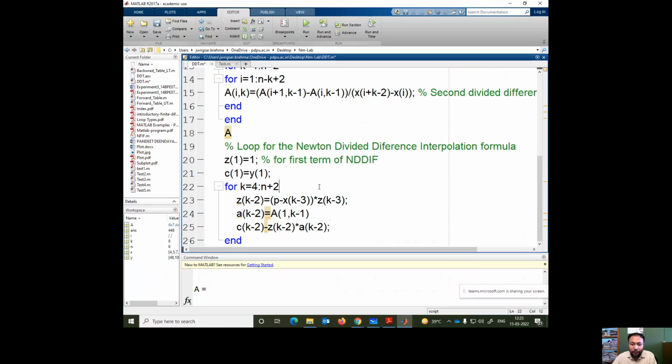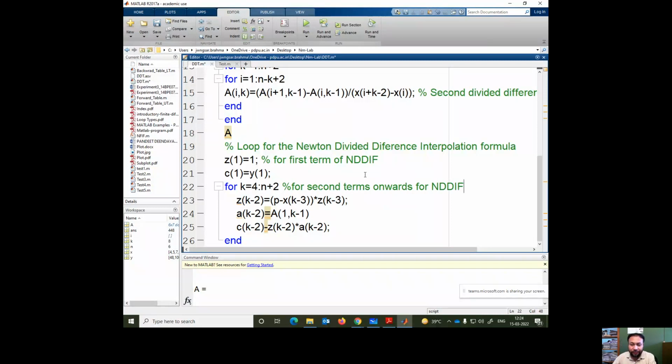Okay, and this loop is for second terms onwards for Newton divided difference interpolation formula.